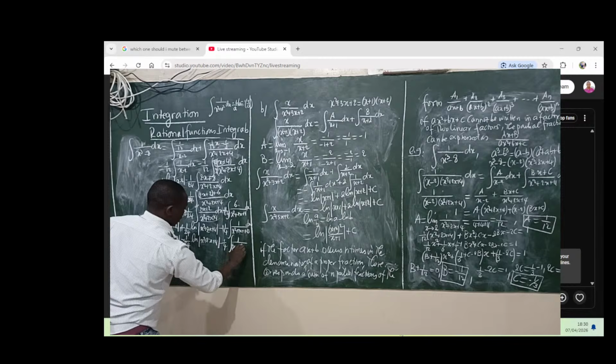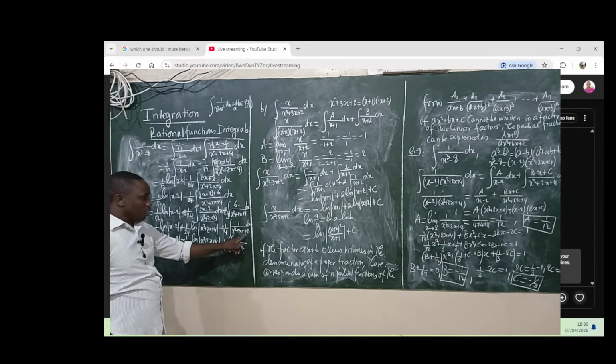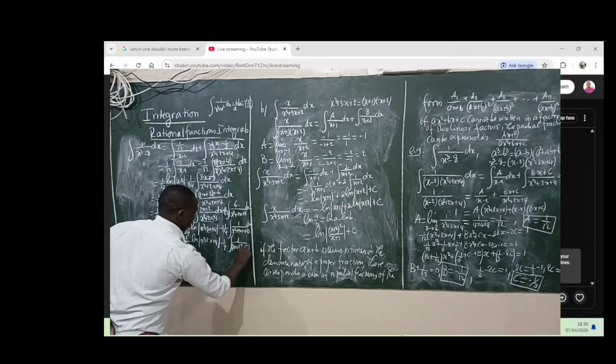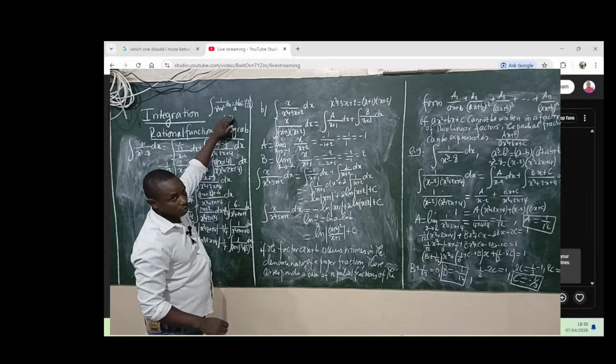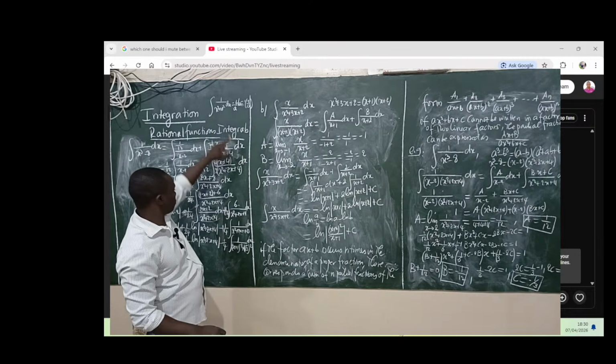As you see, 3 will be seen as the square root of 3 squared. In order for this to be of this form, x will be replaced by x plus 1 and a by the square root of 3.